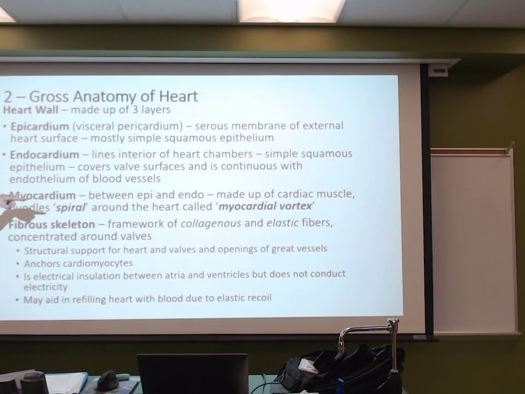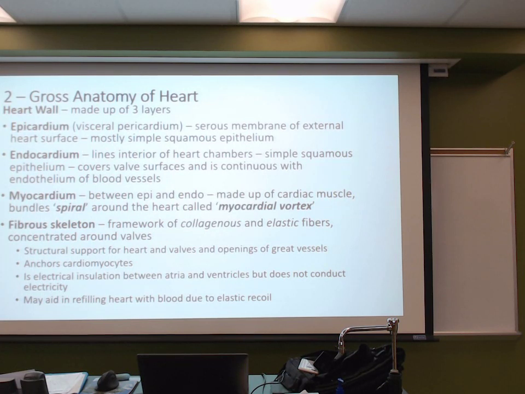Simple squamous epithelium. Do you happen to remember what that structure was like from part 1? Simple told us how many layers? One. Squamous tells us what shape. Does anybody remember? Flat.